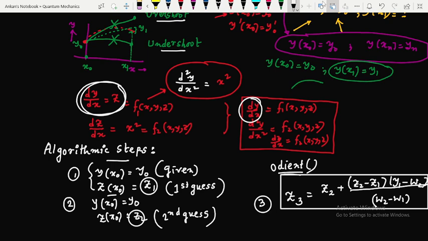Z3 is equal to Z2 plus the correction, and Z4 can also be obtained as Z3 plus (Z3 minus Z2) into (Y2 minus W3) divided by (W3 minus W2), and so on. So it is the iteration formula.